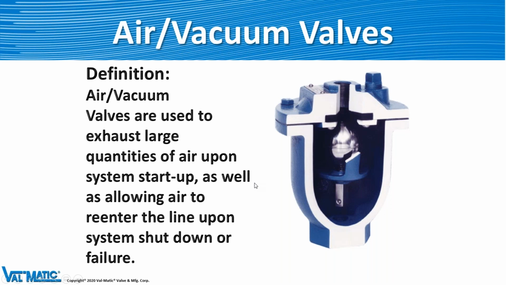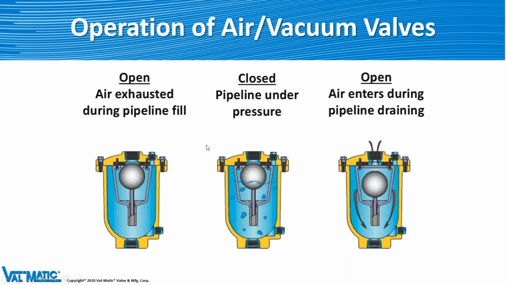Okay. So here's some illustrations for you. So when the pipeline is filling, it's open and the air is exhausting out the top. Once the pipeline is under pressure, that float lifts up and it shuts off and it doesn't move until there's a problem.